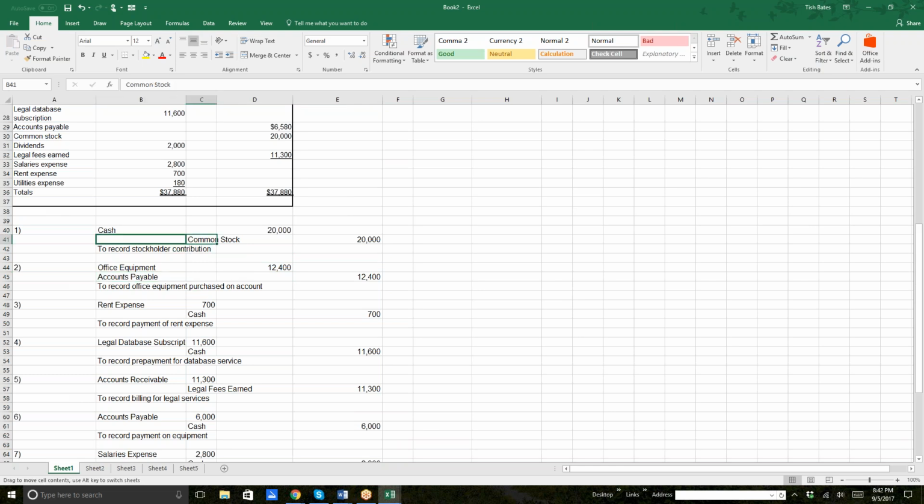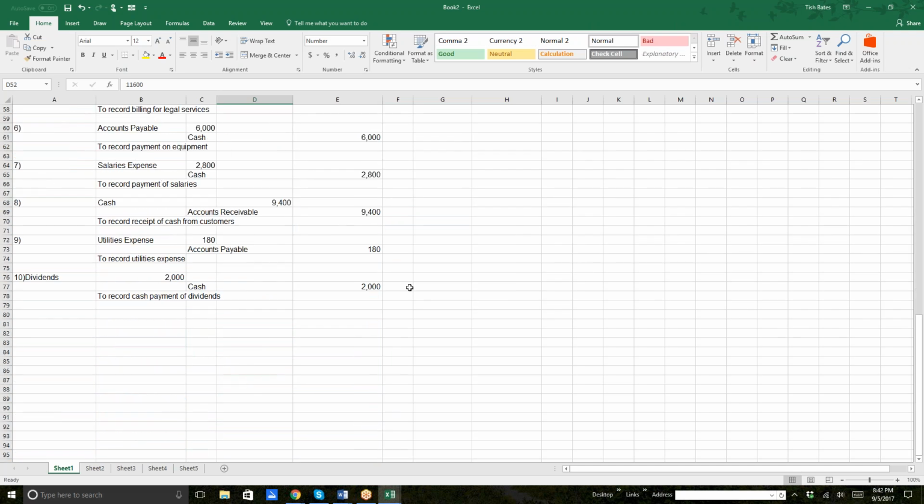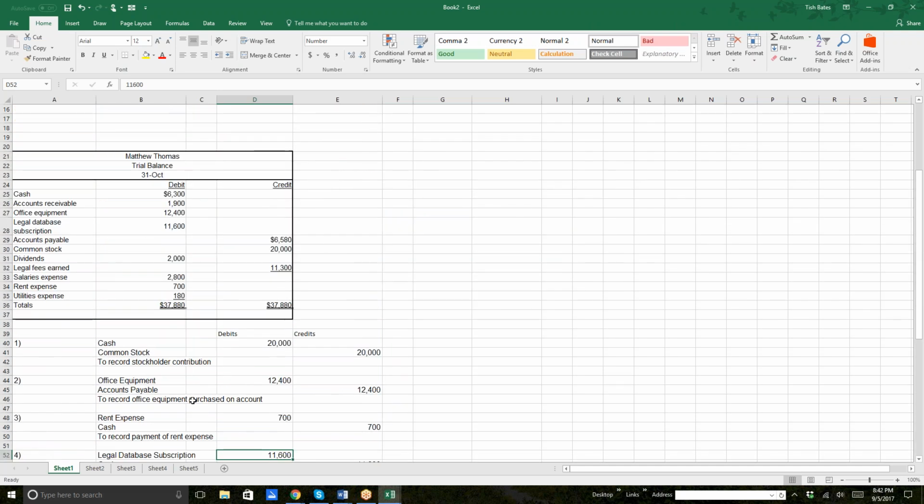I would make it very simple. Keep all of my debits in one column and all of my credits in another, right? And keep all of my descriptions in one column. Kind of makes sense what I'm doing here. So that's how I would run it down the page.